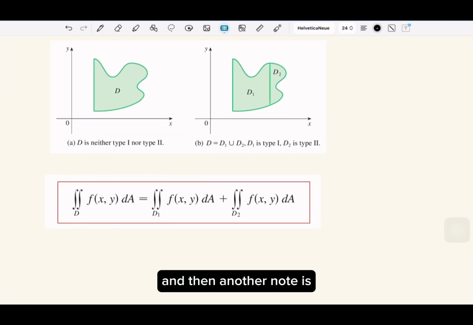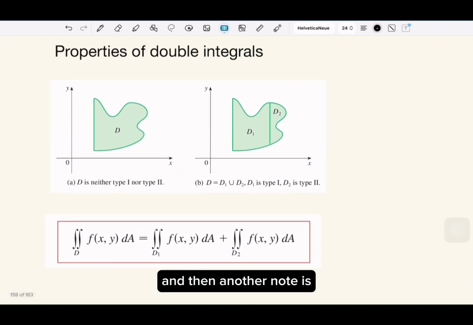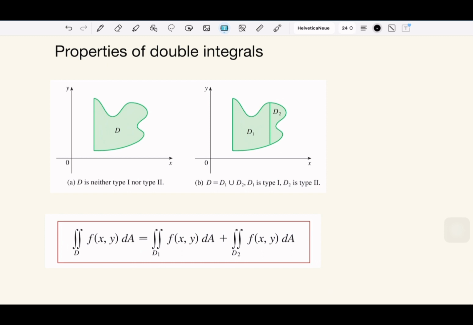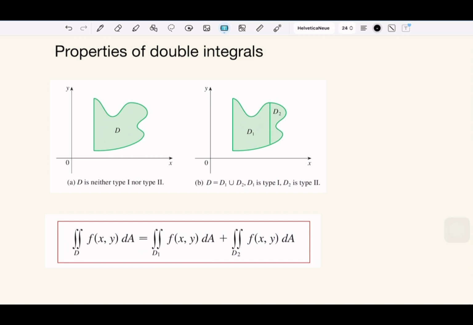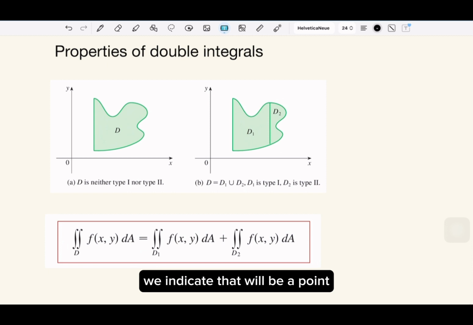Another note is that the double integral, because we use it to integrate the function of the surface with respect to the area, indicates a volume.